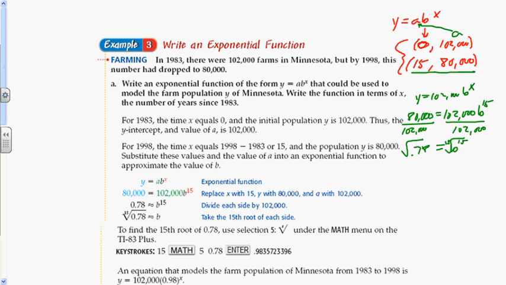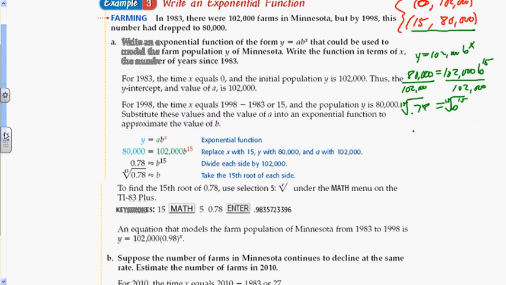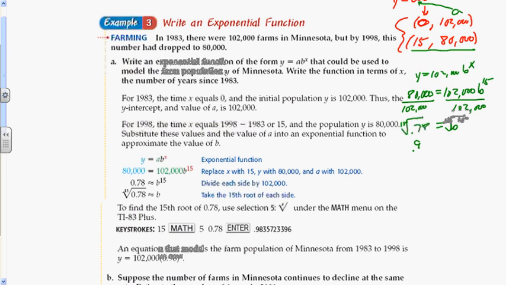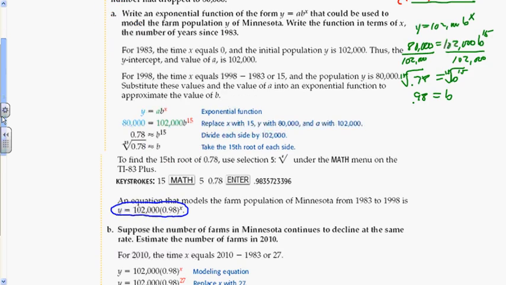And the 15th root of that is, I believe, 0.98. Yep. So our final equation would be y equals 102,000 times 0.98 to the x power. And that's what you do with two coordinates.